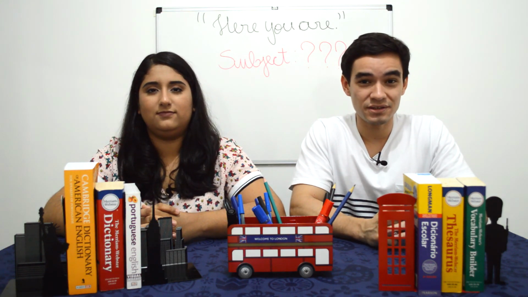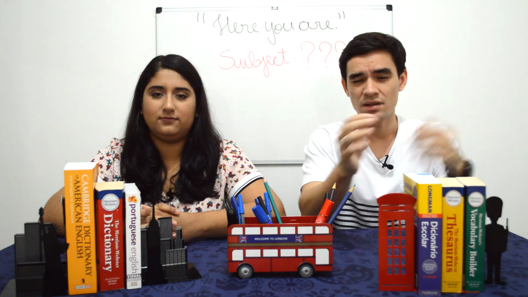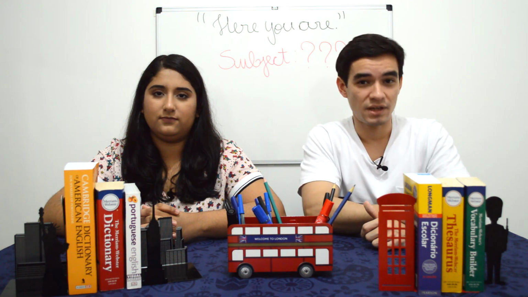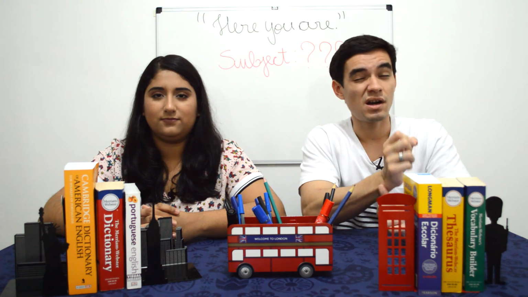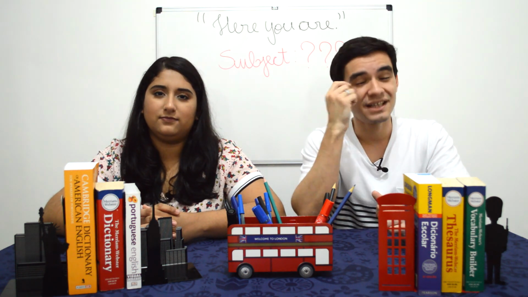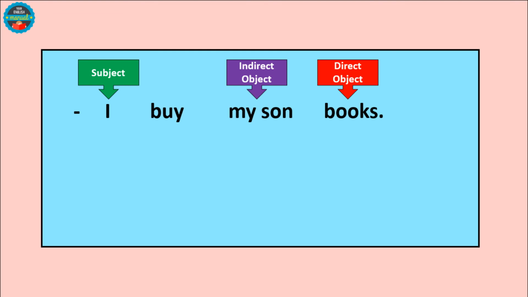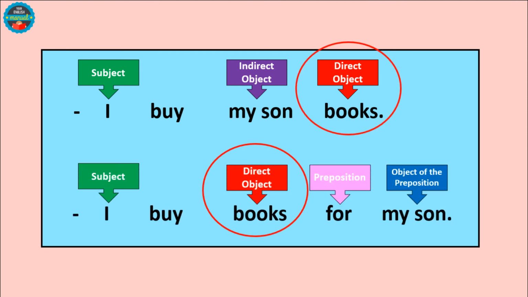Usually when you change the order, you will put either the preposition to or the preposition for. They are the most common ones. However, there is only one more detail you need to know. When the direct object is an object pronoun, you will necessarily have to make this inversion, okay? For example, we can say both I buy my son books and I buy books for my son, since the direct object books is not a pronoun.